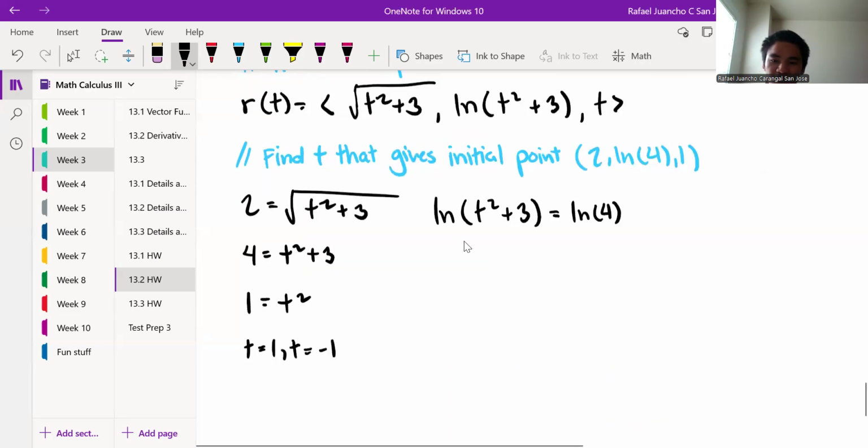The way to do this is we can put everything to the e, right? If we do that, we basically get t squared plus 3 equals 4. Essentially, we don't need to do that; we can just cancel out the ln's and we're good.